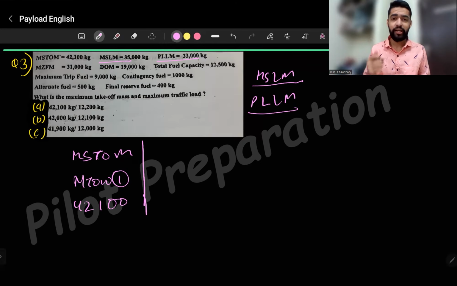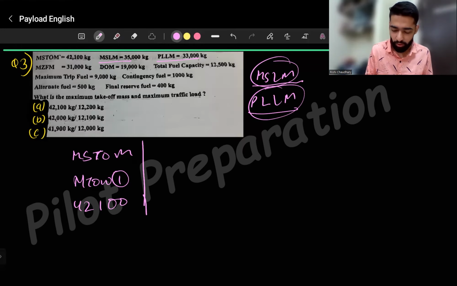And in the end of the day, whatever I need to find out, I need to find out MTOW1, MTOW2, MTOW3, and I will take the lowest of the 3. So I will take the lowest of either of these two. So I directly put the lowest of these two values, or for you guys, I will put both the values for now, but you have to understand that you can directly put the lowest of the values.